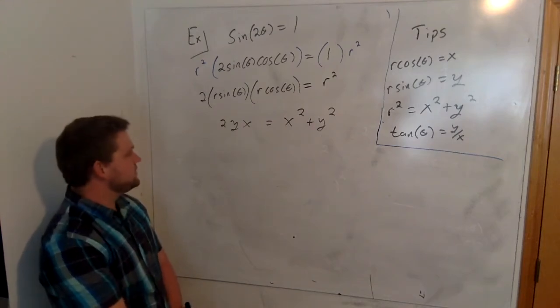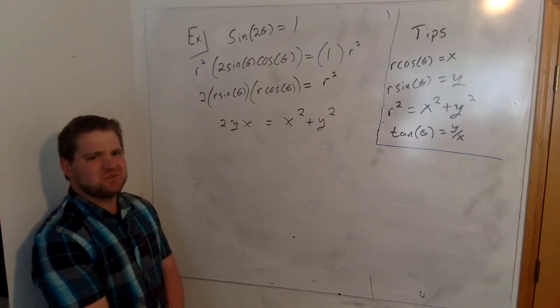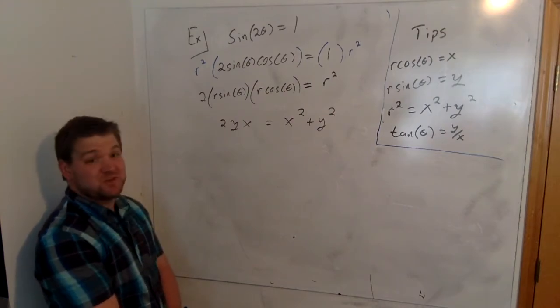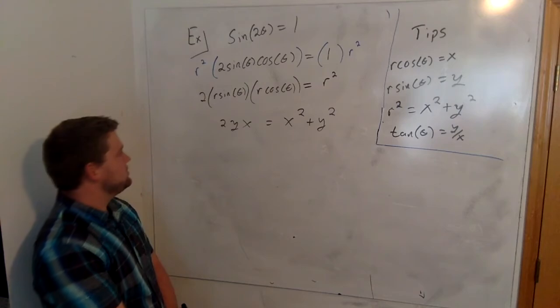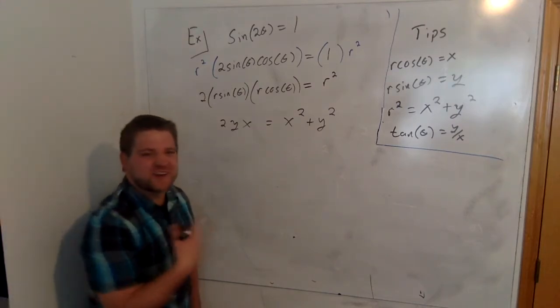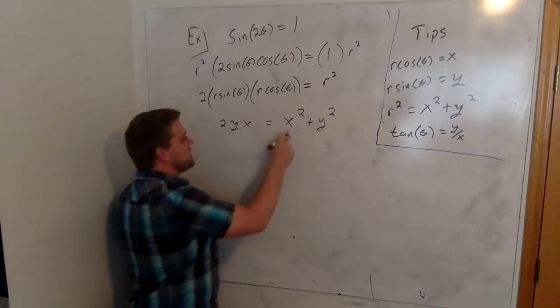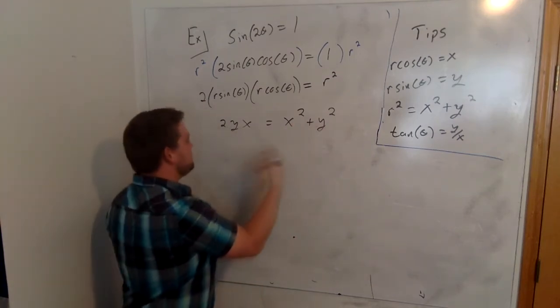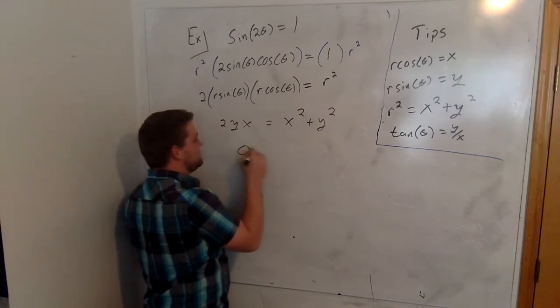So now we have to take a look at this and see if we can really do anything with it. Sometimes we'll find that there's really not much we could do, but in this specific example, I can smell some factoring. Here we have x squared plus y squared, and this 2yx. I'm going to move everything to one side. I think this is a quadratic.